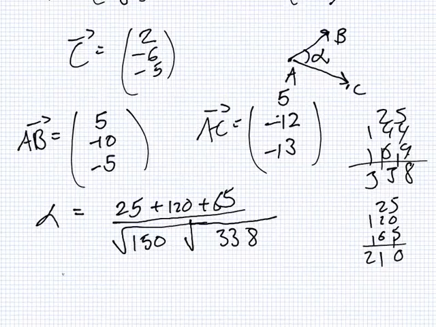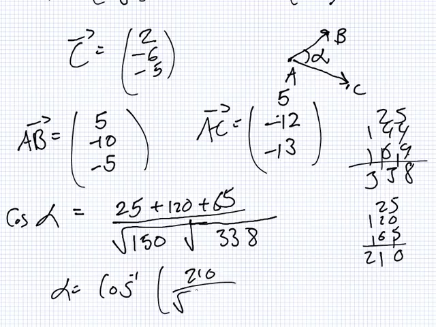So I have alpha equals cos inverse of 210 over root 150 root 338.